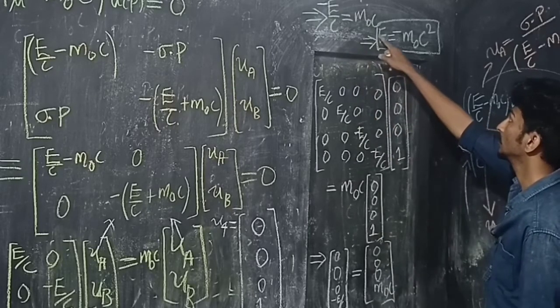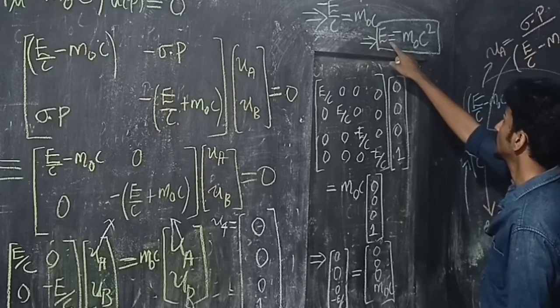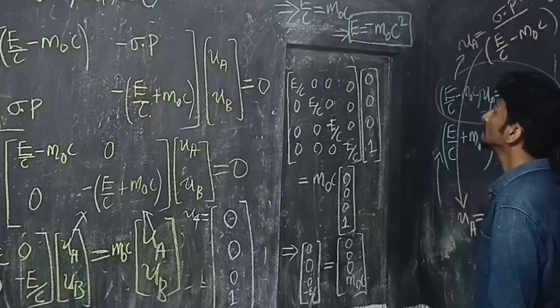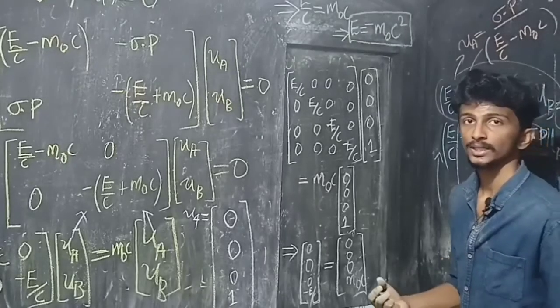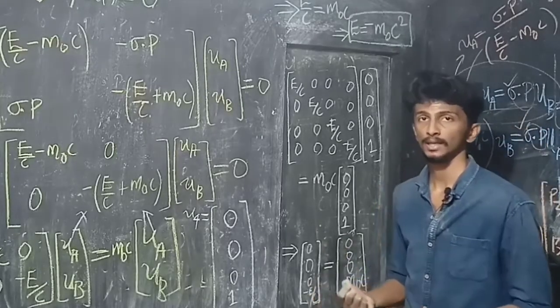Minus E by C is equal to m naught C, so that gives E is equal to minus m naught C square. So we get that the energy associated with the U4 spinor is also negative.